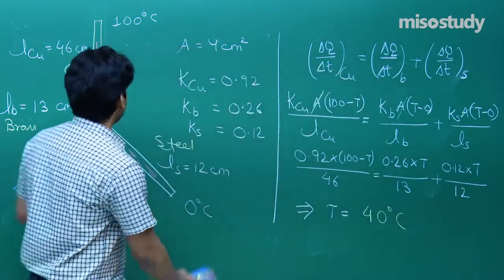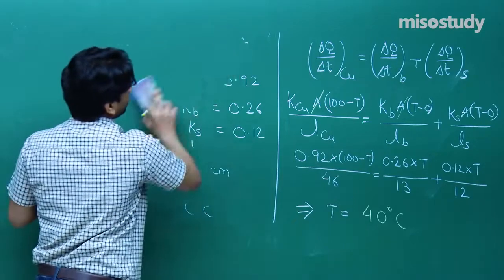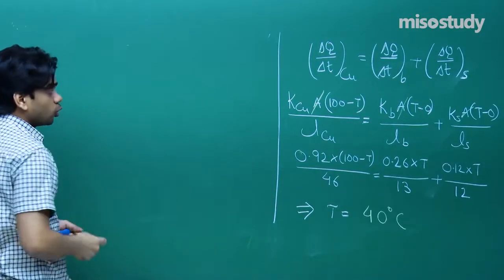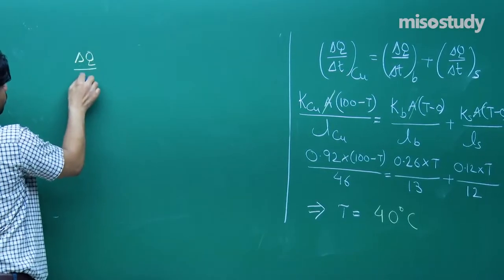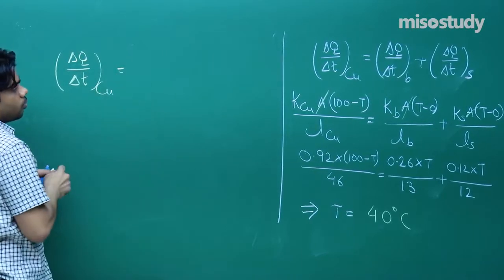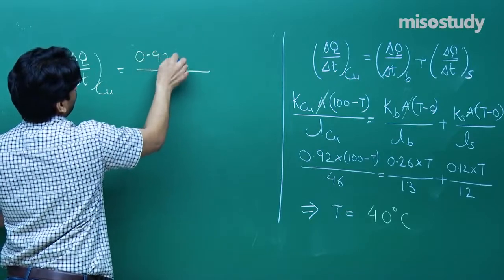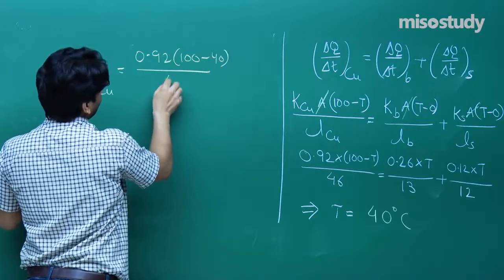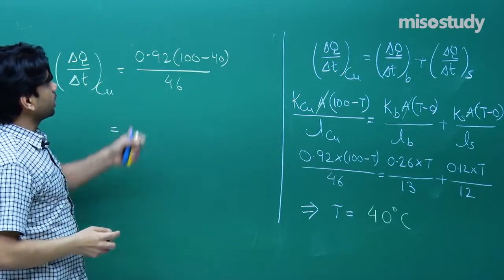Now, when the temperature is obtained, clearly you can obtain the value of the rate of heat flow through copper. The rate of heat flow through copper will turn out to be 0.92 into 100 minus T divided by 46, that is 0.92 into 100 minus 40 divided by 46. See, 46 will go 2 times in 92.